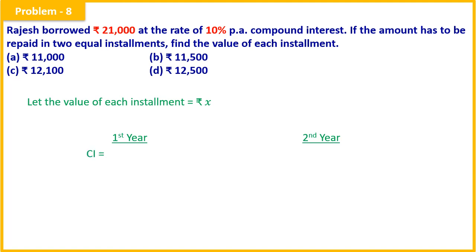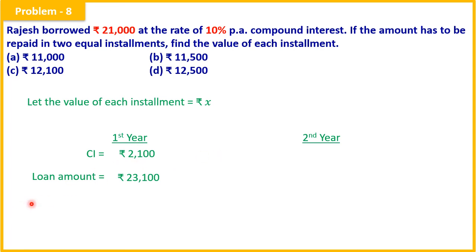So here we need to calculate how much compound interest will come on 21,000 for the first year. It will obviously be 10% of this 21,000 which is equal to 2,100. So how much will be the loan amount at the end of first year? The loan amount at the end of first year will be equal to rupees 23,100, which is 21,000 plus interest on it of 2,100.